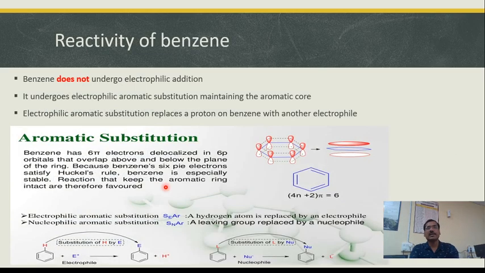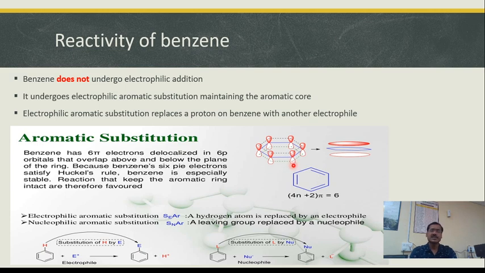Moving forward, let us try to understand the nature of benzene. Now we all know the molecular orbital picture of benzene, and you know that benzene is a sandwich structure where you have the lobes of the p orbital which are overlapping laterally above the sigma plane and below the sigma plane, resulting in the formation of a sandwich structure. It satisfies Huckel's aromatic rule of 4n plus 2 pi electron system.